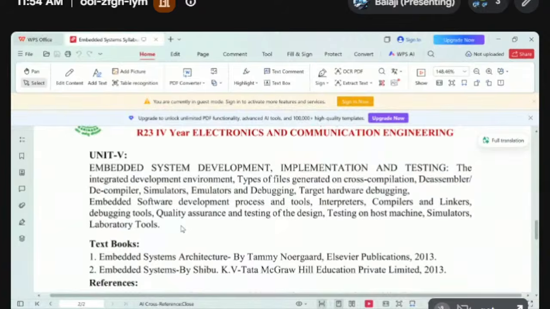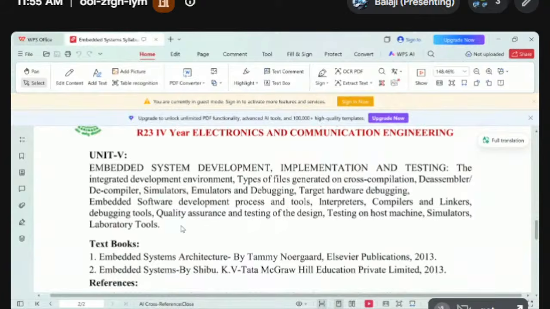Mainly we are going to study the embedded system as well as testing the embedded system. For this we also have the IDE concept, the integrated development environment. With the help of the integrated environment, I would like to provide the different types of implementation as well as testing techniques.